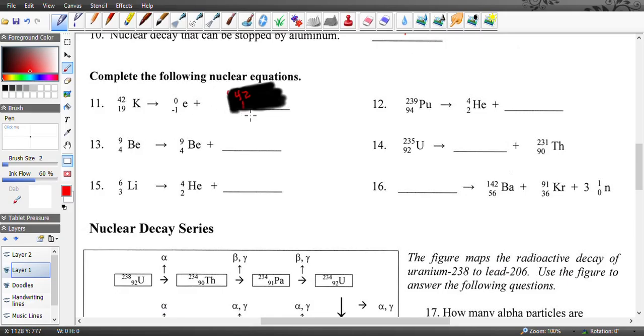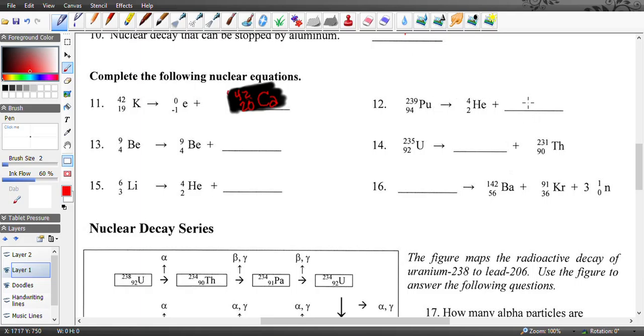These have to add up to be the same, so 18. And that is going to be not what I have written down. Oh, I'm sorry. That's because I messed up. It's not going to be 18, right? It's going to be 20 because 20 plus -1 equals 19.